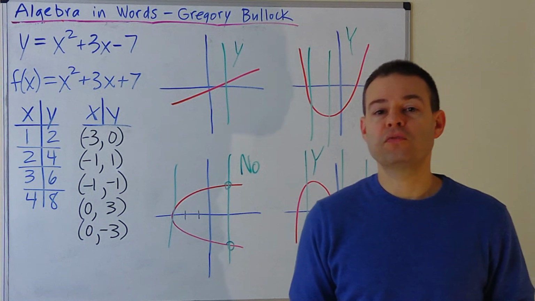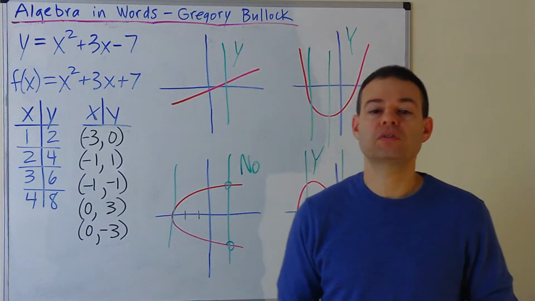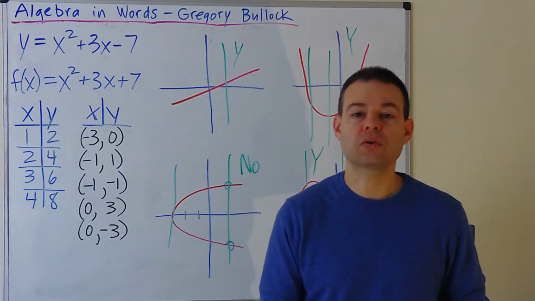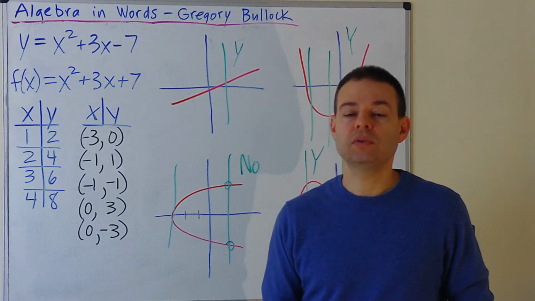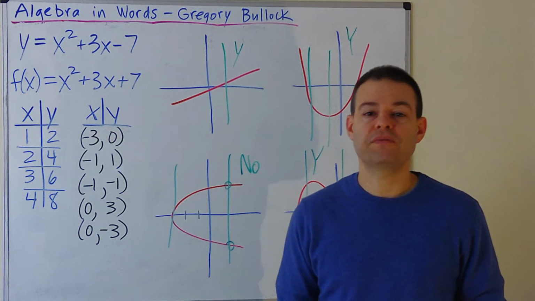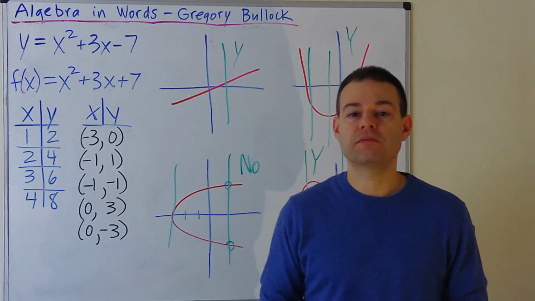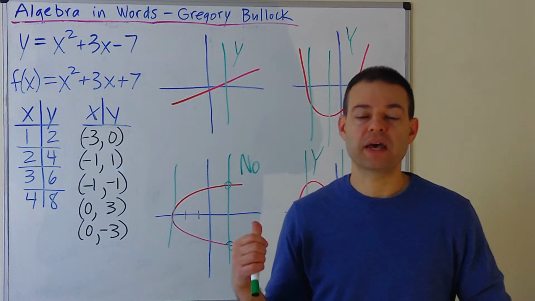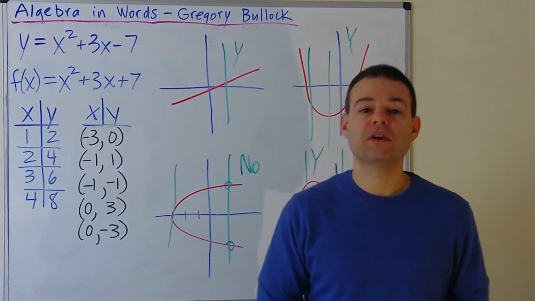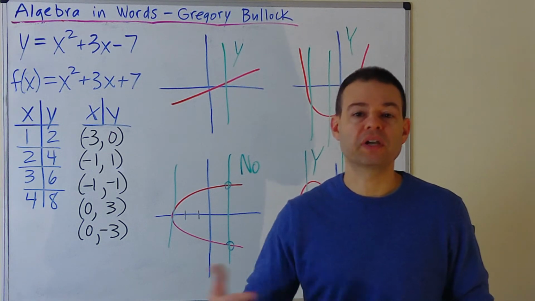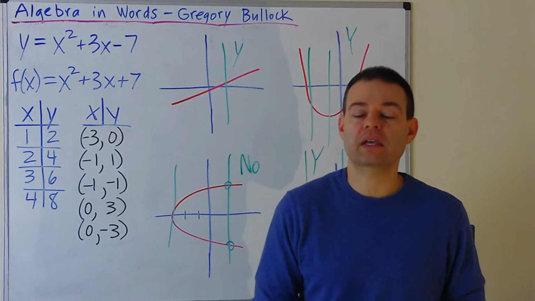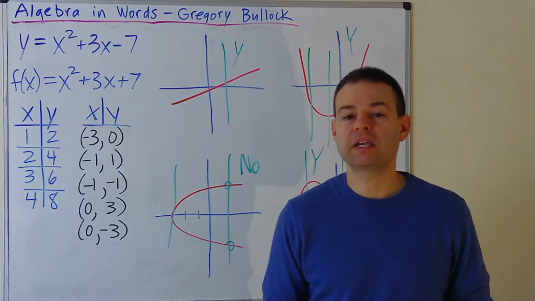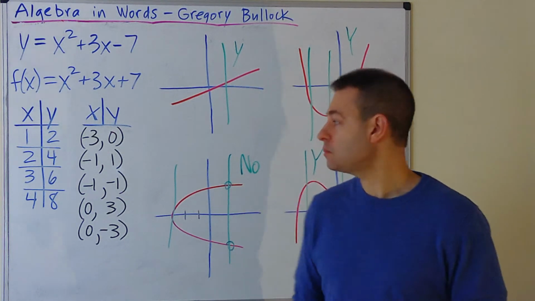Okay, so there are four types of things you might have to answer or solve in regards to being introduced to a function. One is the vertical line test, which we just looked at. Another one is evaluating a function for a given value of x. We'll do that in a second. That basically involves plugging in a value and solving.